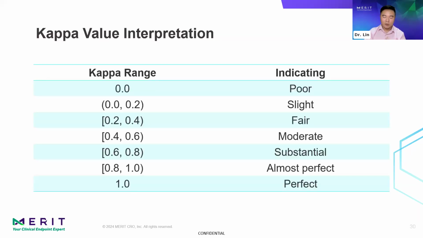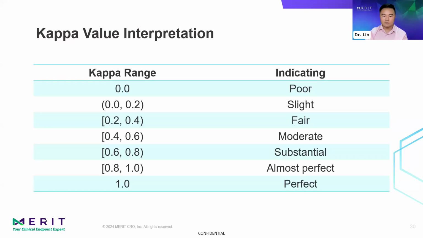And one other good thing about kappa is that after calculating kappa for variability read, the next step is to determine an acceptable passing score. There's no universally agreed upon threshold, but the statistical literature provides some guidelines for interpreting kappa values.